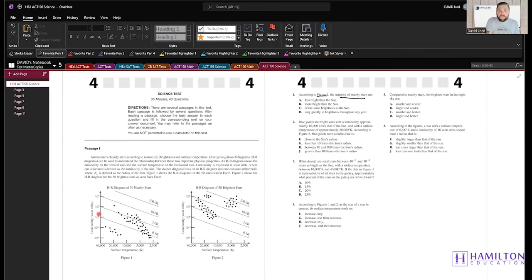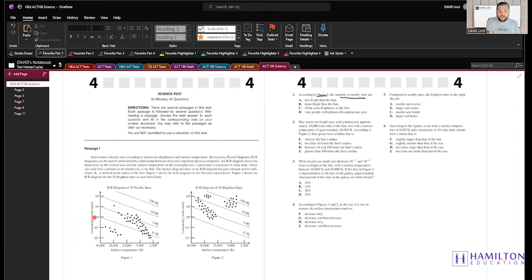So as of right now, if you did not know what luminosity was, you would have to read the passage. In the passage, it says astronomers classify stars according to luminosity or brightness. Okay, so it's brightness, and we're talking about brightness for figure 1, so I should be looking at luminosity. Now, you may not know what the brightness of the sun is, so if you keep reading, it says luminosity is expressed in solar units, where 1 solar unit is defined as the luminosity of the sun.